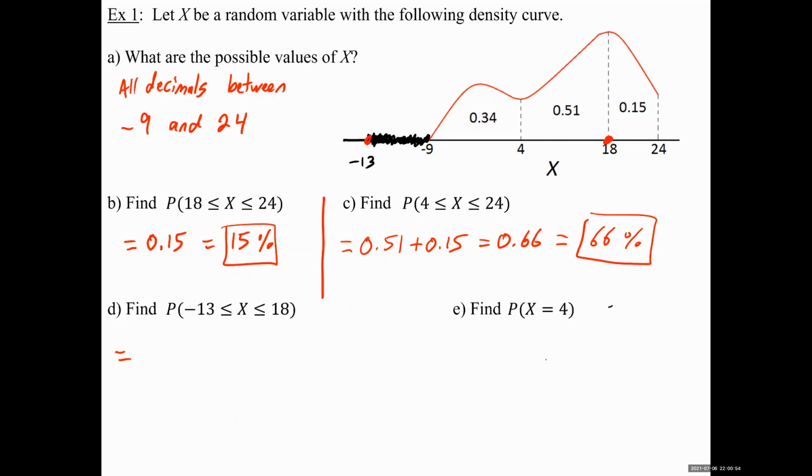What you're going to do in this problem is rewrite the question. The probability to get a number between -13 and 18 is the same as the probability that we get a number out of the bag between, throw out this part and tell me what the answer is.